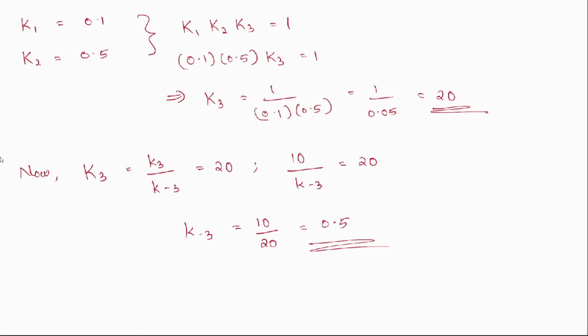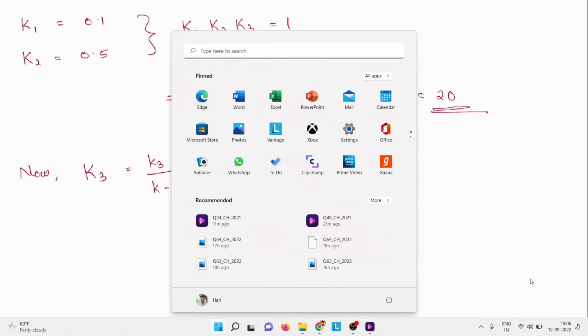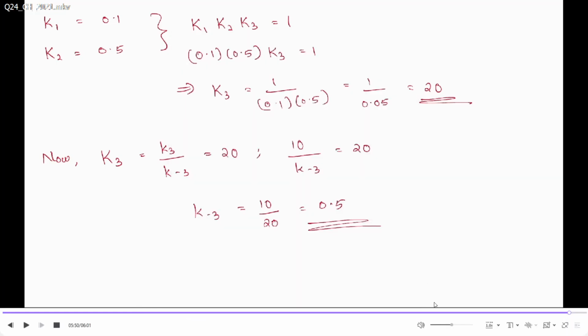Okay. So yeah, that is the... disconnected.